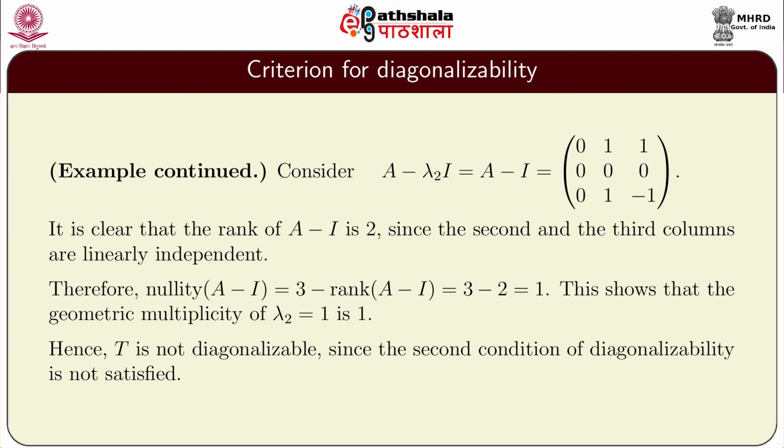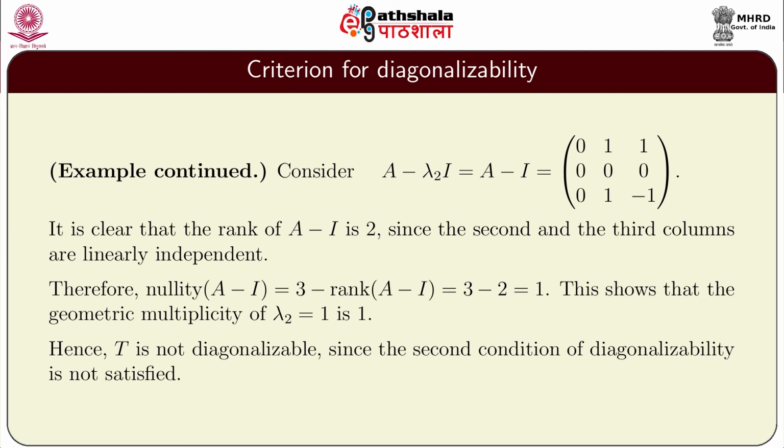Therefore, we can say from this observation that the rank of this matrix A minus I is 2. Hence, the nullity of A minus I is 3 minus rank of A minus I, that is 3 minus 2, that is equal to 1.